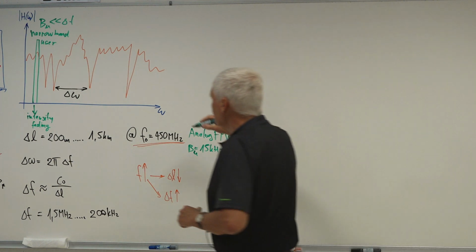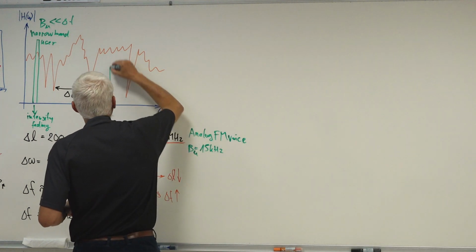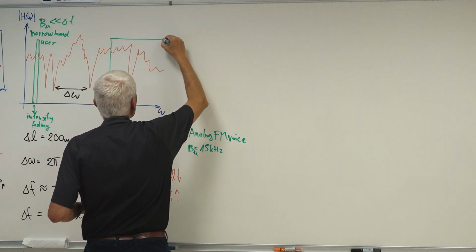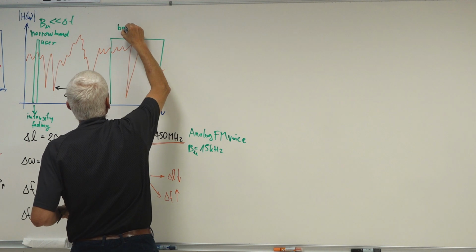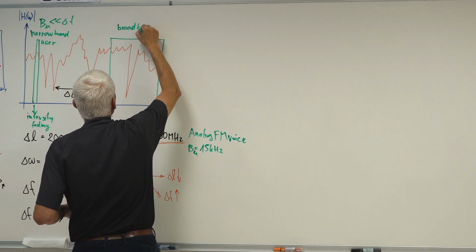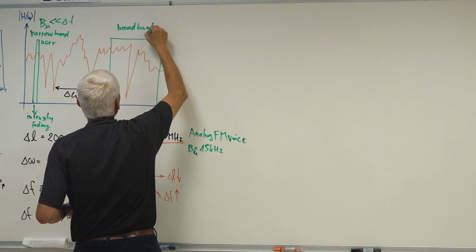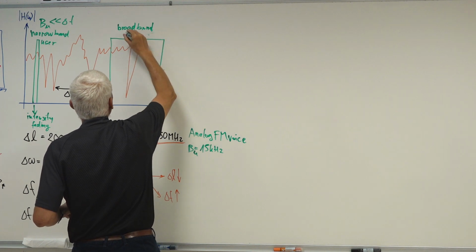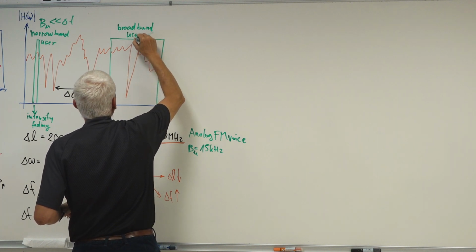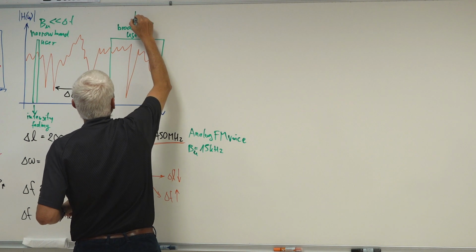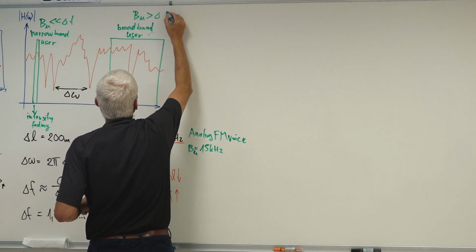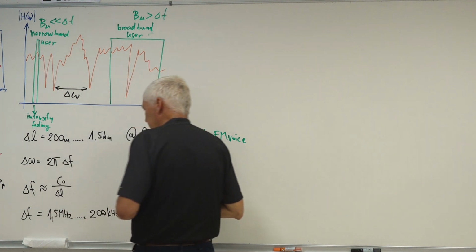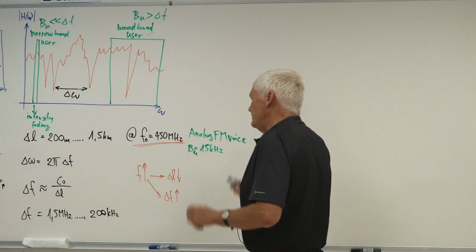What about a broadband user, and how do I define the broadband user? A broadband user will have its user bandwidth probably larger than this delta F, than this fading period.